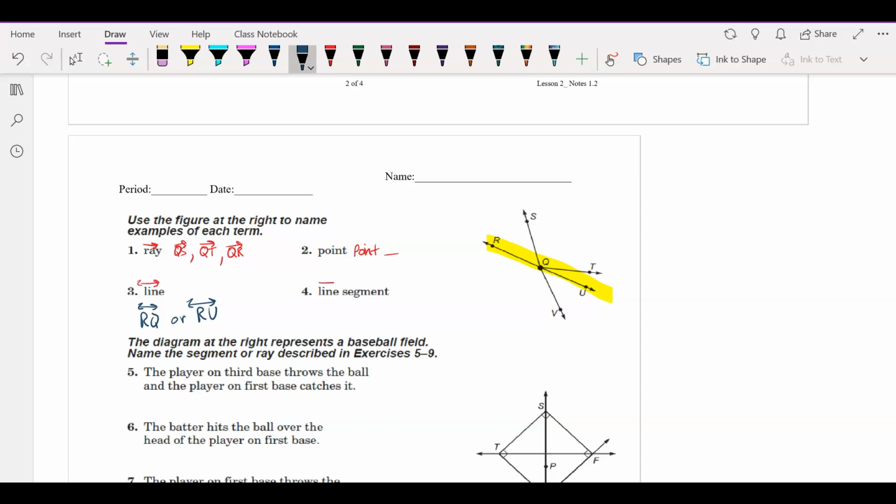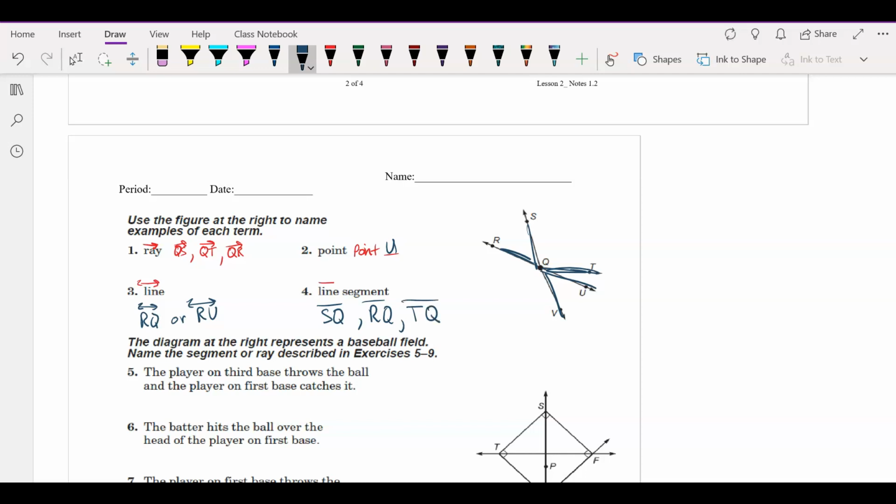Then we have here just naming a point. You can name all of the points if you wanted to. I'll just name point U. And then a line segment. Honestly, we have what? 1, 2, 3, 4, 5 line segments. So we have SQ, we have RQ, we have TQ.